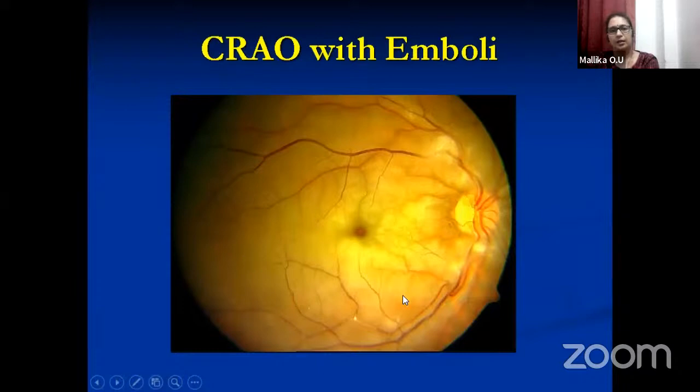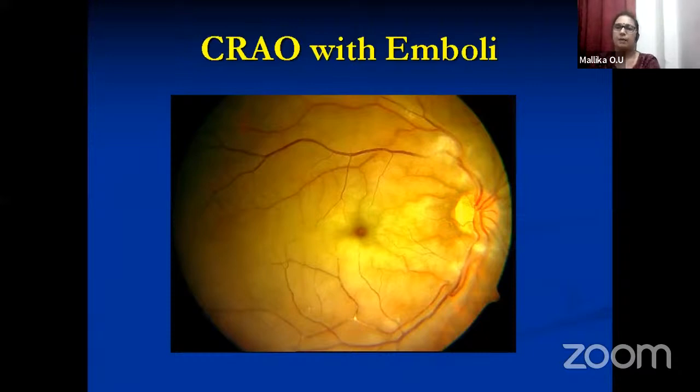Again, in this patient, you can see multiple emboli. You can see one large embolus here, a large embolus here, and maybe an embolus here which occludes and produces a cherry red spot. So it gives an indirect clue that because of the multiple emboli in the retinal arteries, the patient can at any time develop other complications like myocardial infarction or CVA.